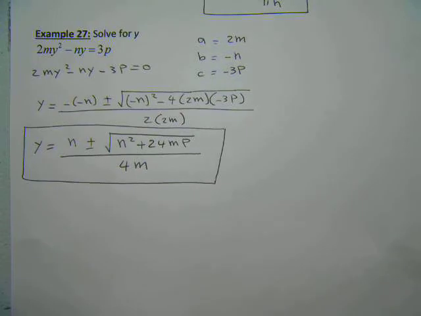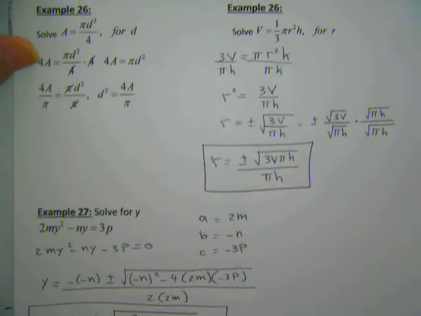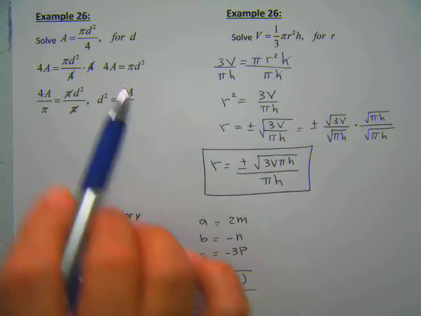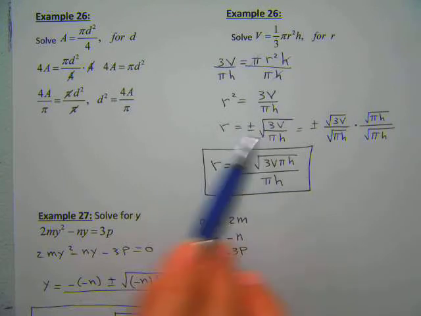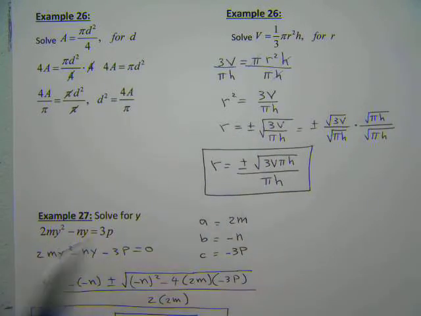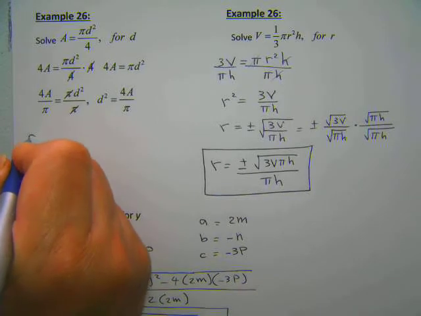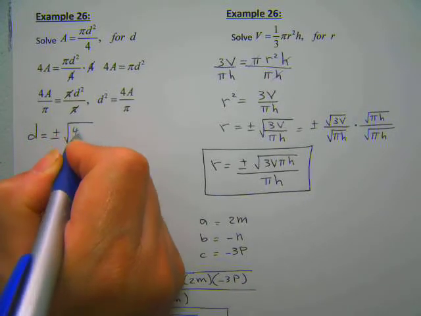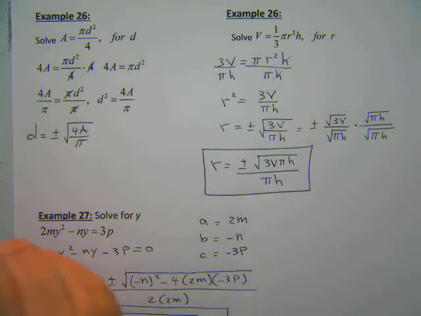All right, thank you. Actually, wait, I just noticed that I have not finished the first one, and I did that on purpose. So I solved for d squared just to show again how the rationalizing and the plus or minus are so important. So d is equal to plus or minus the square root of 4a over pi.